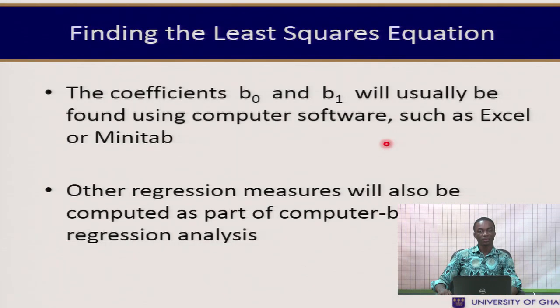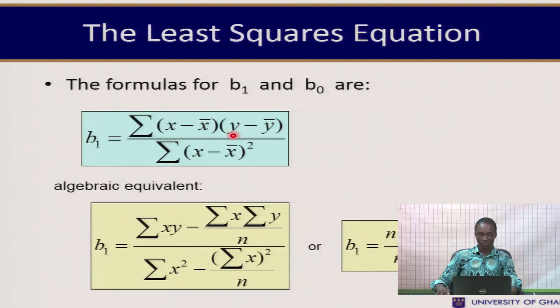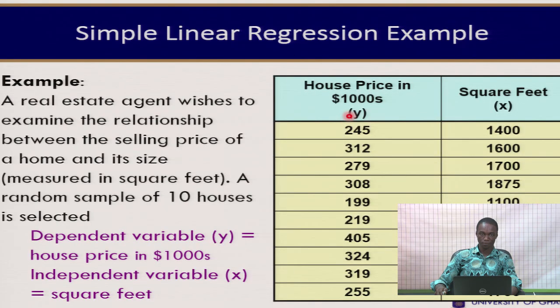So let's try to find the least squares equation. You can use software like Excel, Minitab, SPSS, and so on to find the values of b0 and b1, and you can also use the formula. We take an example. We have a real estate agent who wishes to examine the relationship between the selling price of a home and its size.